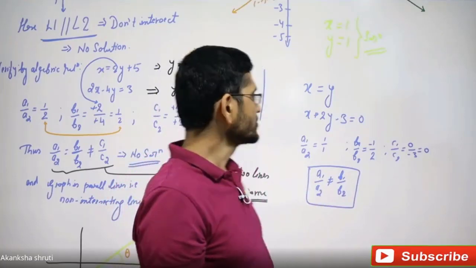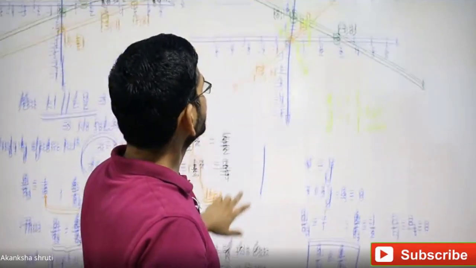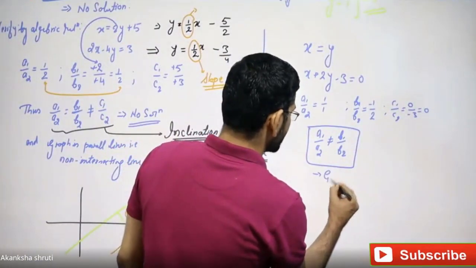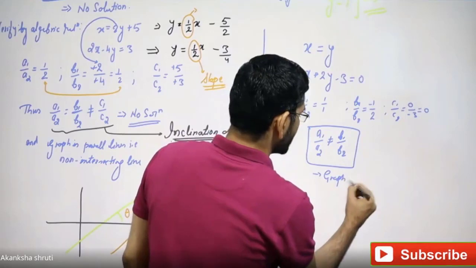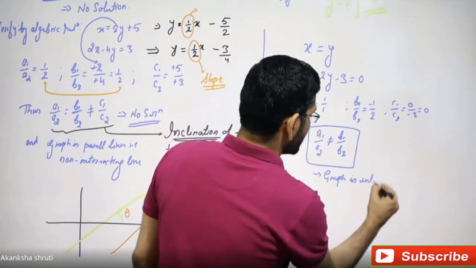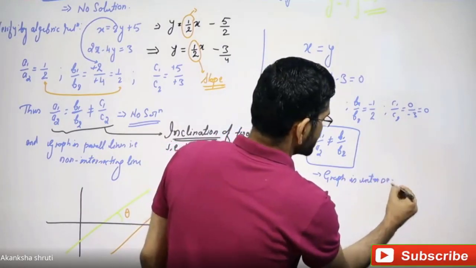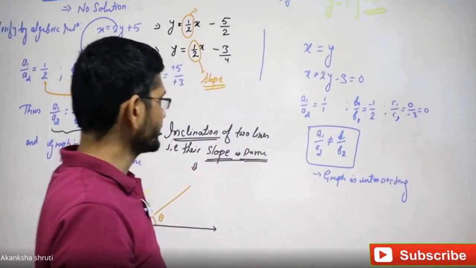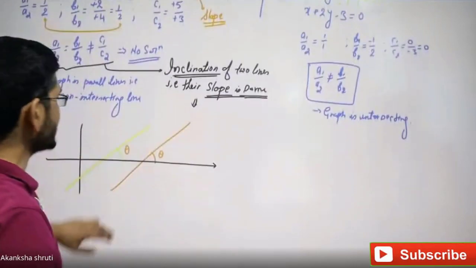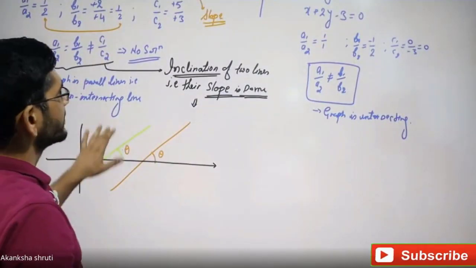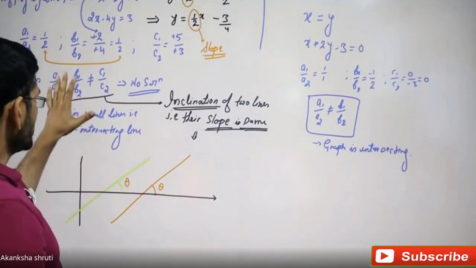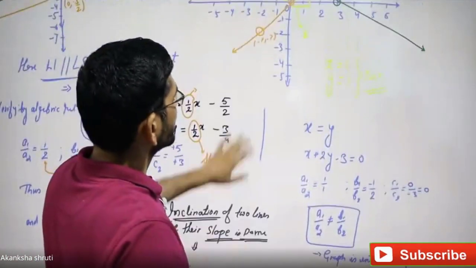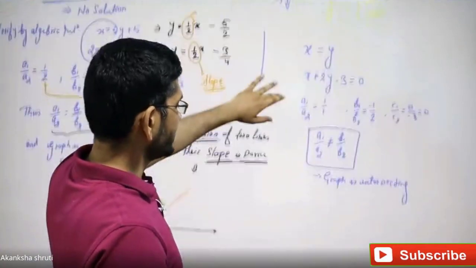Okay, so this was all about intersecting. In this case, we are getting that the graph is intersecting. So this way we have observed that for no solution, graphs are parallel, but for a solution, the graph is intersecting.